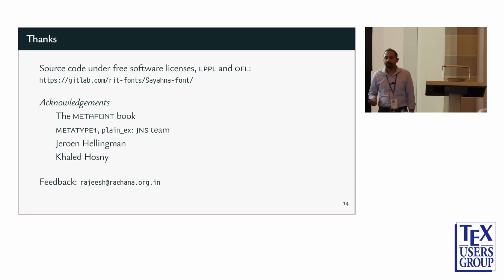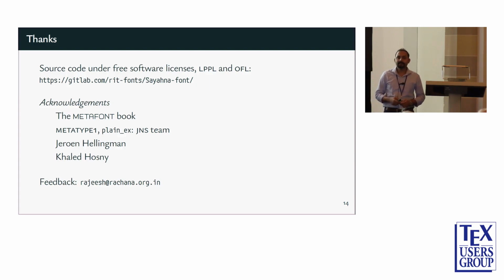Okay, the entire code is open source and it's available on GitLab, including the Metafont and MetaPost sources, makefiles, shaping rules, and Unicode mapping. It's all in there. And of course, we would like to acknowledge, first of all, The METAFONTbook, which gave a lot of insight into how to use this and quickly build aesthetically pleasing fonts. A lot of input and ideas we got from MetaType1, and of course the find outlines macro has been very useful.